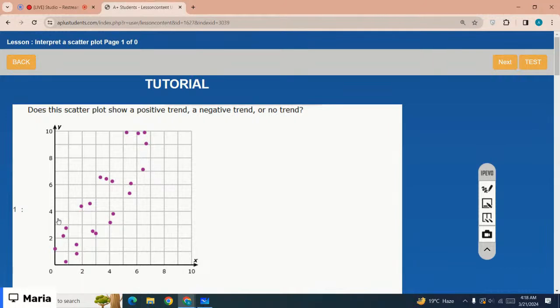So as x values are increasing and y values are also increasing, that means the graph shows the positive trend, right? So just look at the given graph.